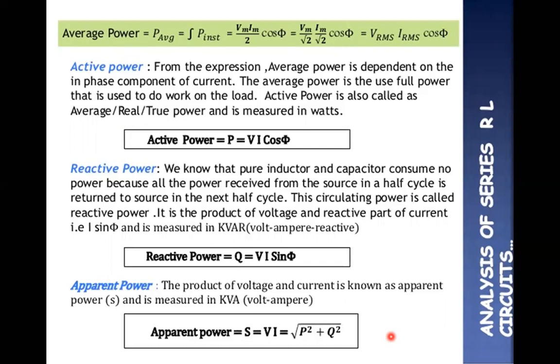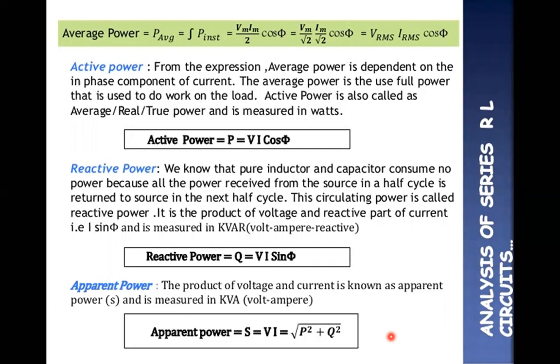Reactive power: a pure inductor and capacitor consume no power, because all the power received from the source in a half cycle is returned to the source in the next half cycle. This circulating power is called reactive power. It is the product of voltage and the reactive component of the current, that is I sin phi, and is measured in kVAr, which means kilovolt ampere reactive.